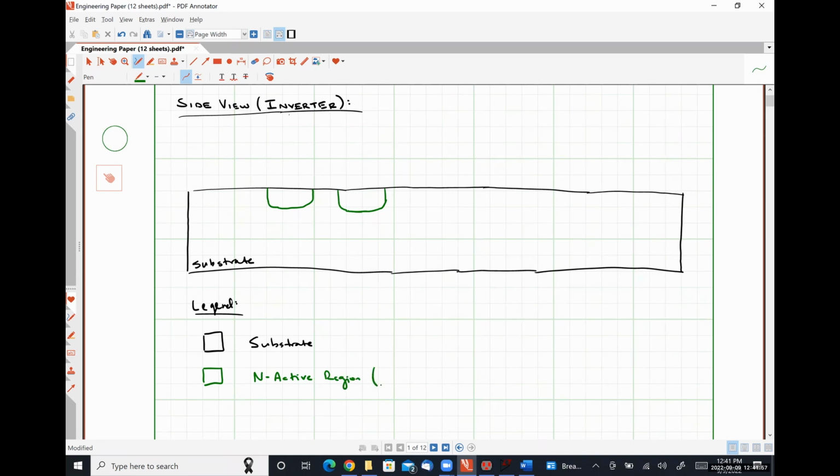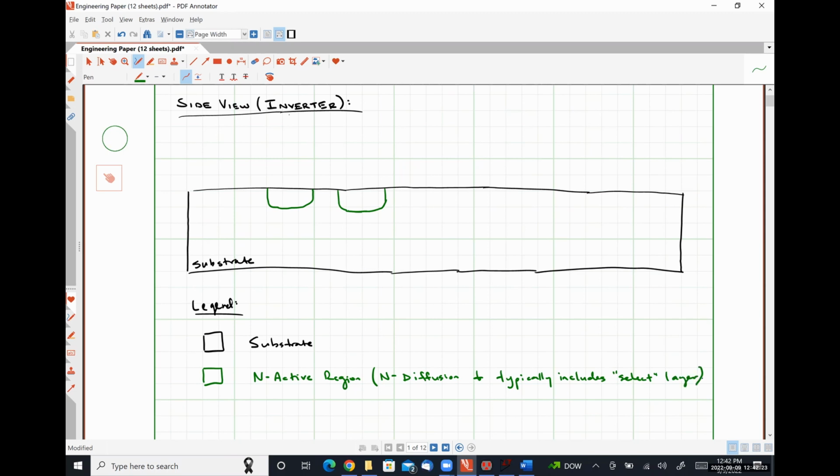It may also be called the N diffusion region, and typically includes a select layer as well.